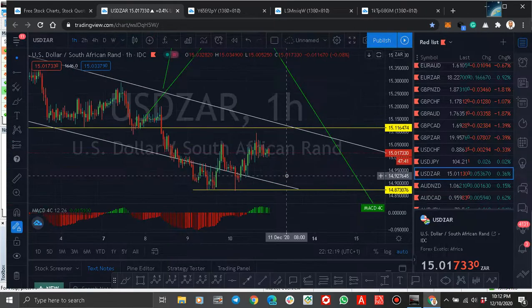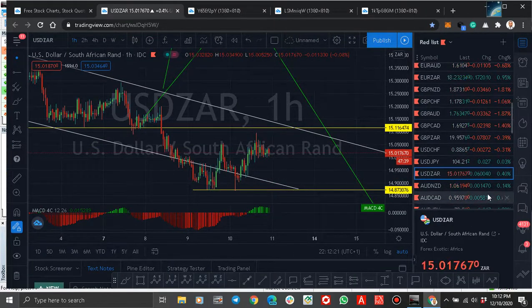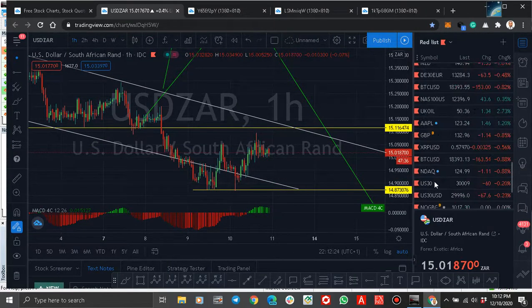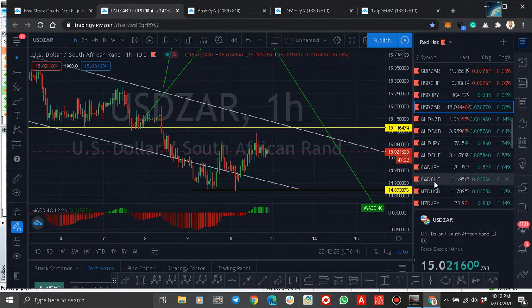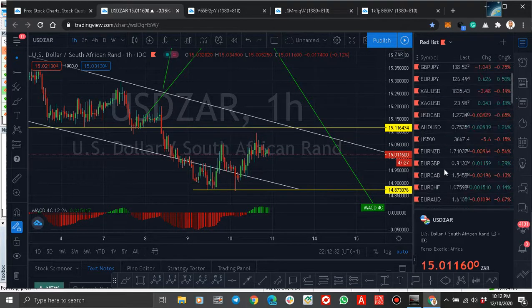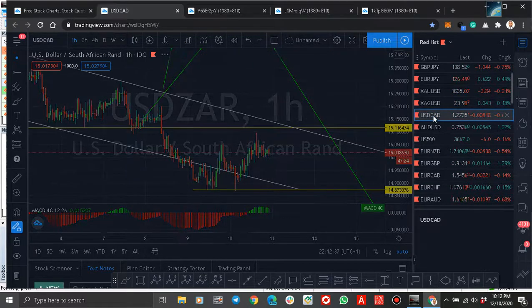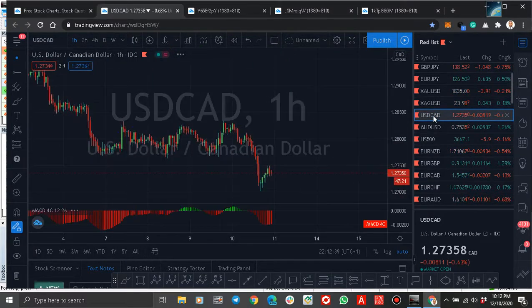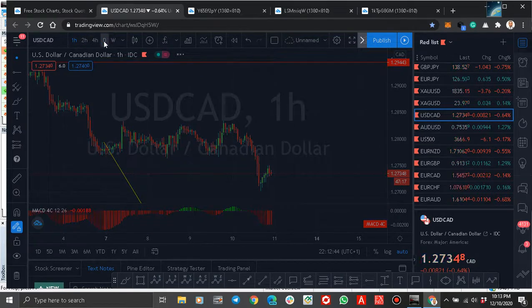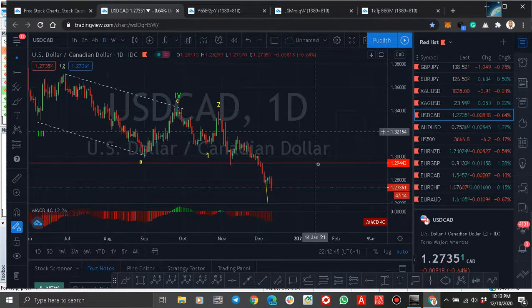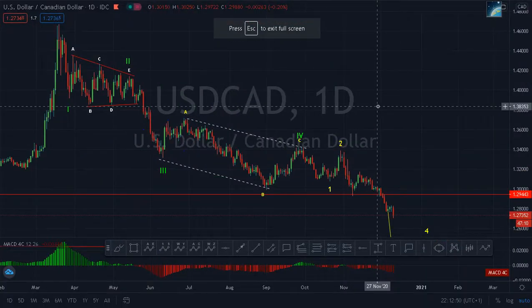The next I want to touch is USD CAD. Let me go to USD CAD. Where is my USD CAD? USD CAD is making some strange movement. Everybody expected the USD CAD to turn when it formed a triangle.